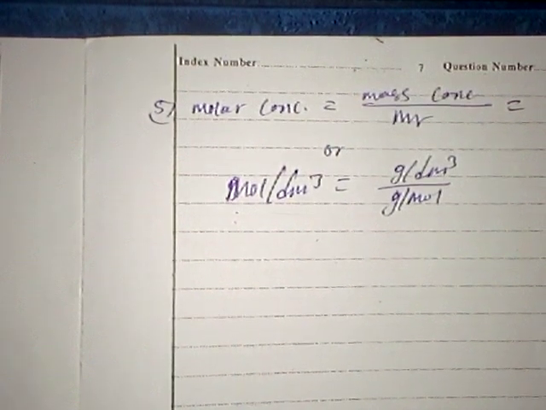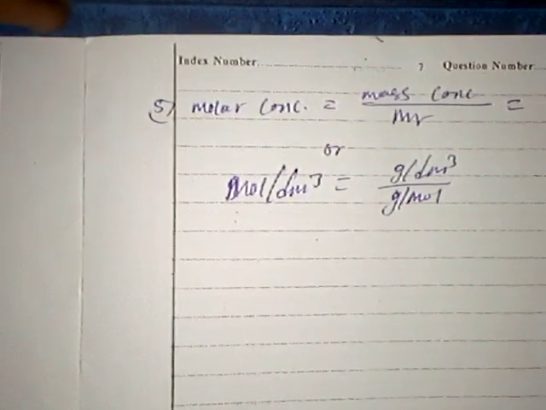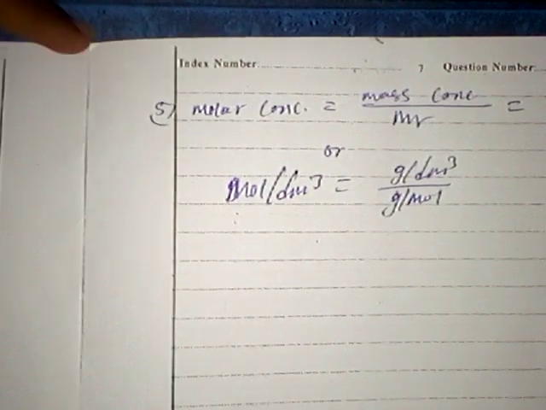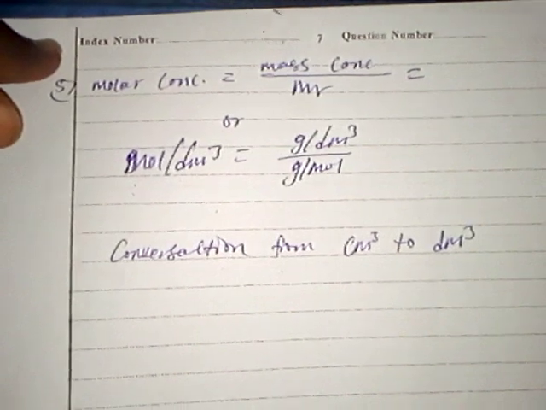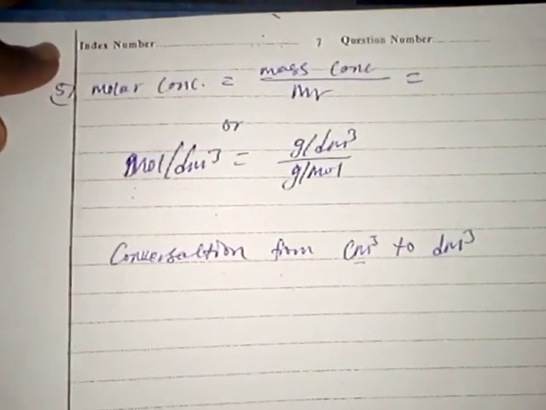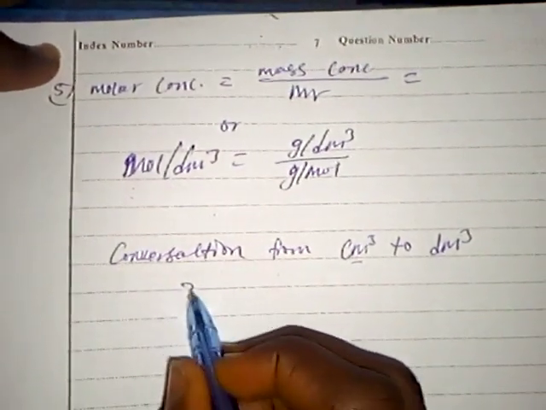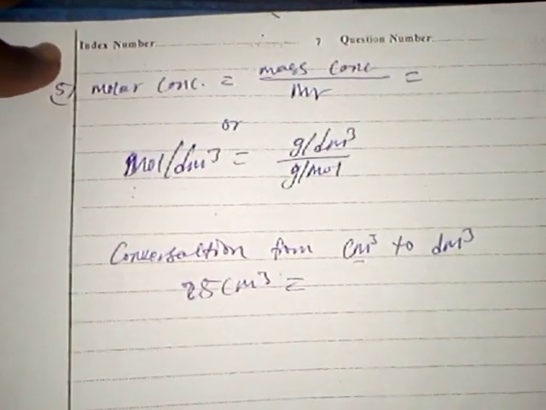Right? Is it clear? Now let's talk about how to convert from centimeters cube to dm cube. How to convert volume from centimeters cube to what? Dm cube. Now if you want to convert any volume from centimeters cube to dm cube, what are you going to say? It's very simple and easy. Always divide by 1000. Take note. If you want to convert 25 centimeters cube to dm cube, what are you going to do?